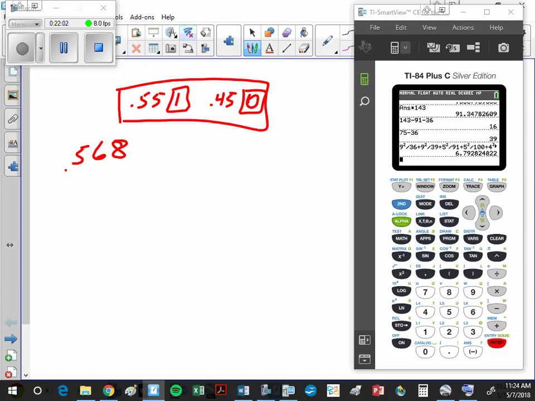So how do I do a 1 sample z-test? Well, I need an SD. What's the SD going to be for this box? It's the square root of 0.55 times 0.45, which I already know is 0.499 because it's really close to 1/2.